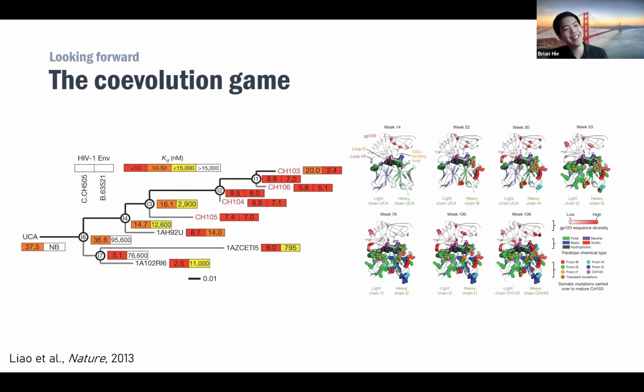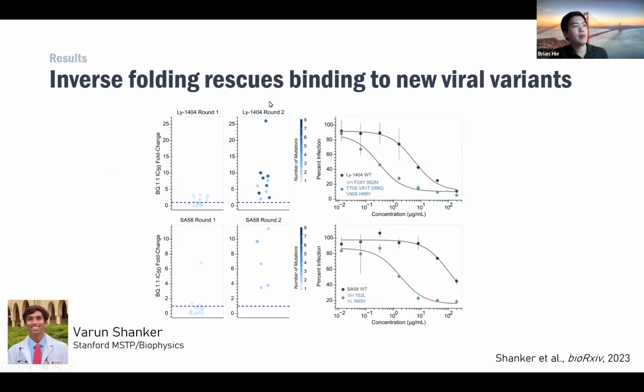There's a lot of work to do for something like this. But even in a more simple problem, like how do we reliably rescue binding to escape variants, I think we have pretty good progress here, and potentially can make this more reliable. That would be useful without having to go through multiple rounds of evolution in the future.